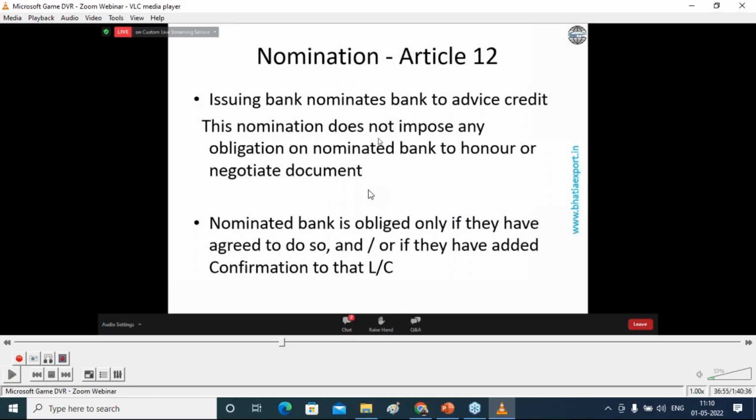The beneficiary bank has no obligation, because the obligation is taken by the opening bank, the importer's bank, not the exporter's. Okay.